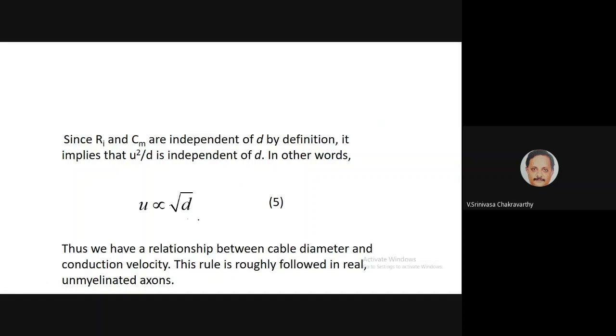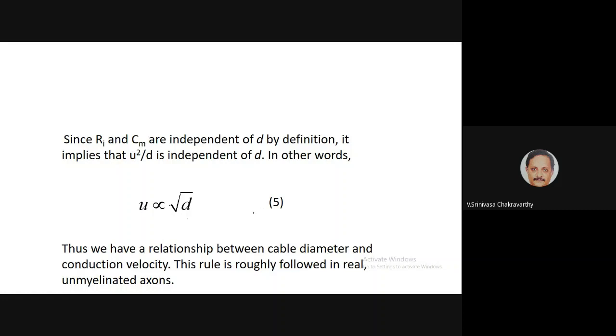Note that it is very interesting that we have got a similar result even in the case of the passive cable, where we defined the velocity in a slightly contrived fashion and concluded that the propagating velocity is proportional to the square root of diameter.